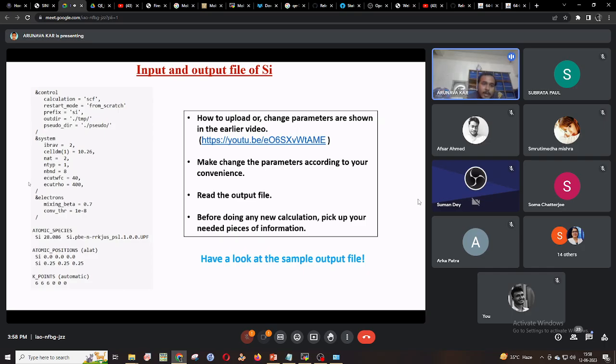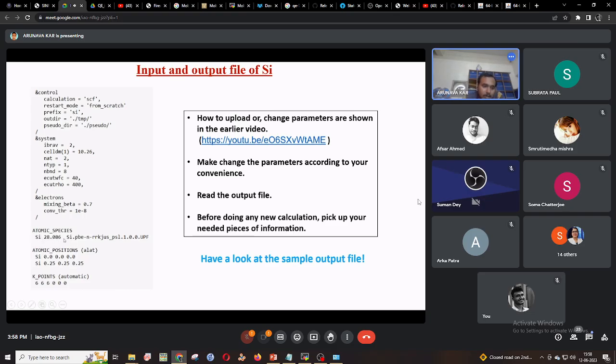This is mainly used for band structure calculation. We will discuss it a bit more during band structure calculation. I am using ecutwfc 40 and ecutrho equal to 400. Here I have omitted the diagonalization procedure. You can omit this also, no problem.